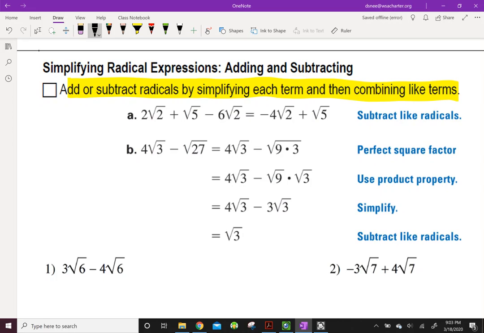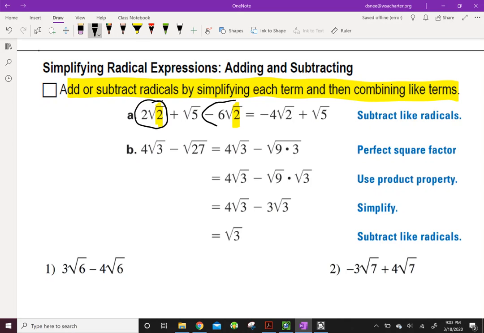So in the first example, it shows that 2 root 2 plus the square root of 5 minus 6 root 2 is equal to, well, first thing, square root of 2, square root of 2. I can combine those two values right there.